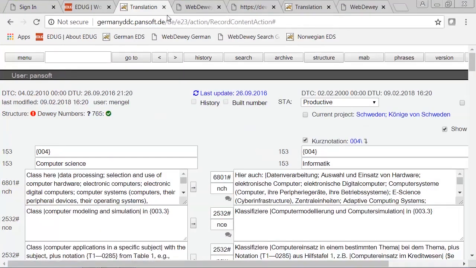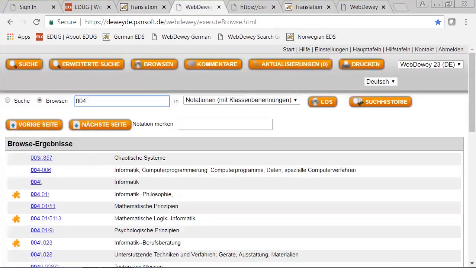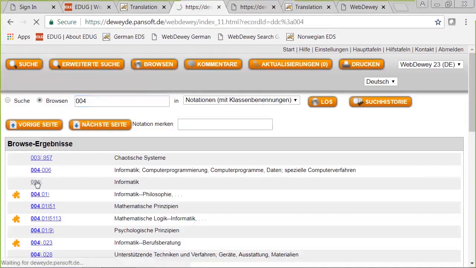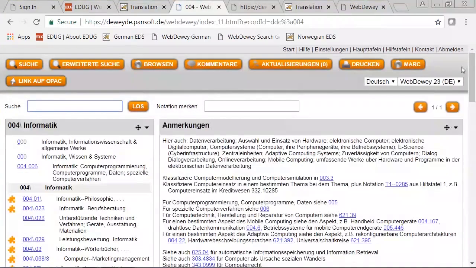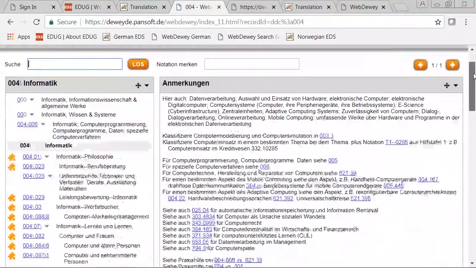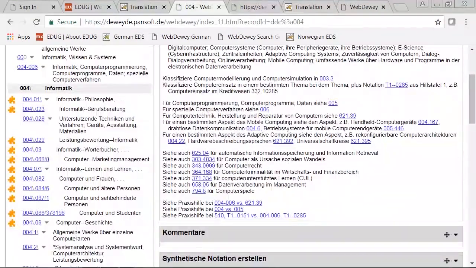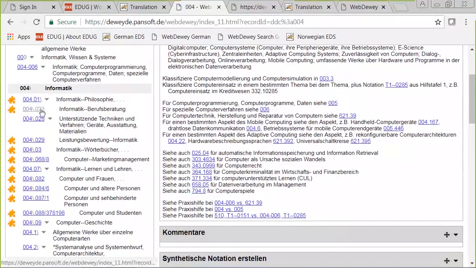Inside the WebDewey software, we have a presentation which is very similar to segmentation. Actually, in this example for 004, you can see there is this backslash information that the user can turn on and off, which expresses this is a short number and it's shortened at that location.